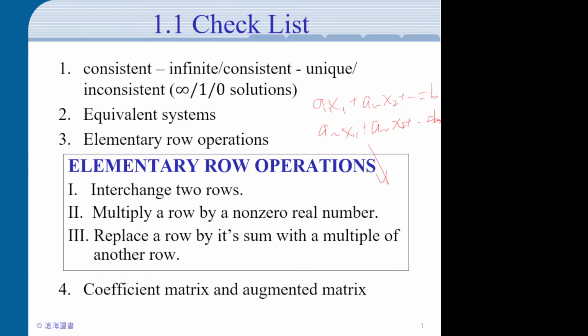You can turn this into Ax equal to b, where A is the matrix formed by all those small a's, and b is a vector formed by those b's. Hopefully we should all be very familiar with this.